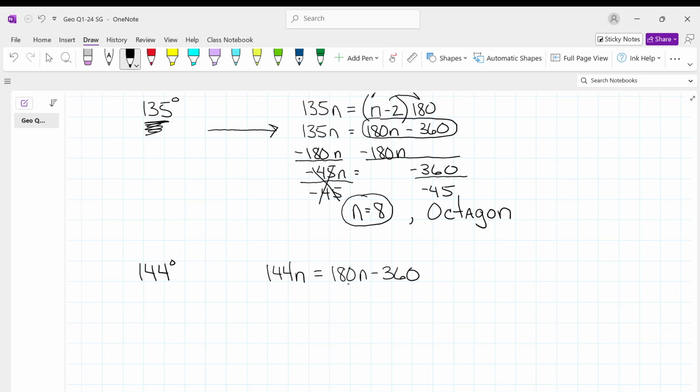Follow the same steps. Subtract 180n from each side. And 144 minus 180, negative 36n.